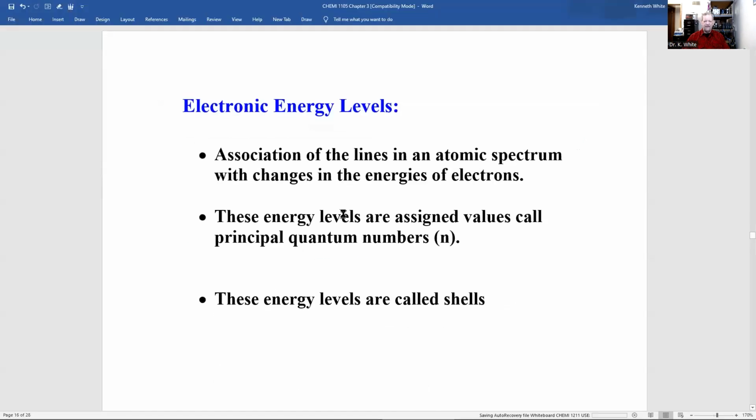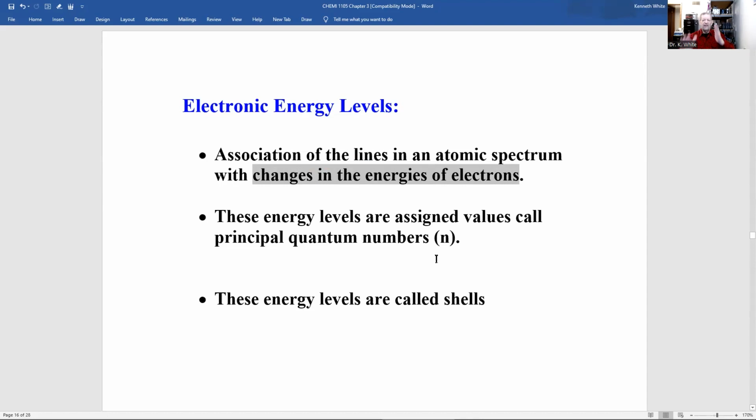The light given off corresponds to electronic energy levels of the electrons. And these lines in the atomic spectra are associated with changes in the energy of the electrons.